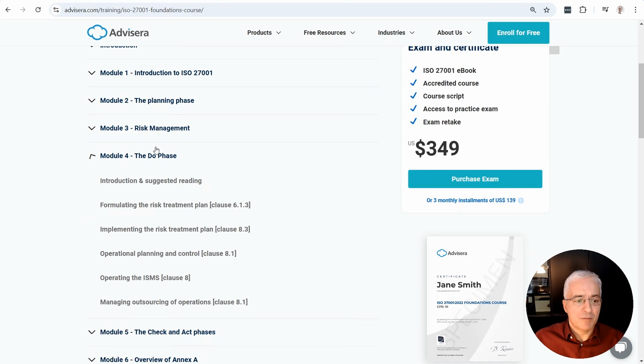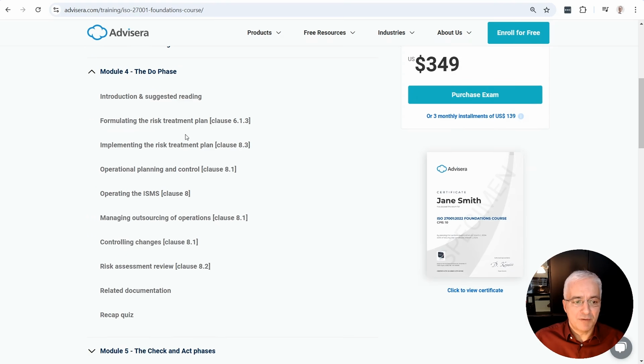Then module 4 is the do implementation phase, mainly around clause 8. It starts with formulating the risk treatment plan from 6.3 and then goes to the implementation of the risk treatment plan, operational planning and control, operating the ISMS, managing outsourcing, controlling changes, risk review.